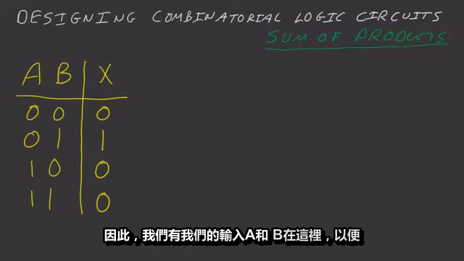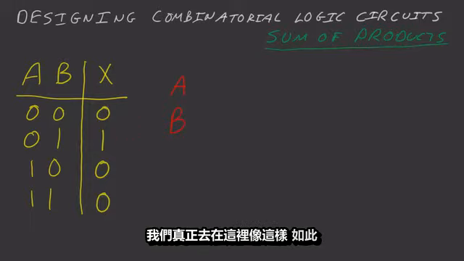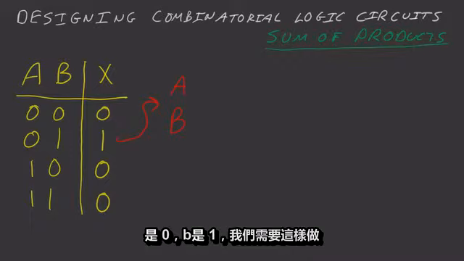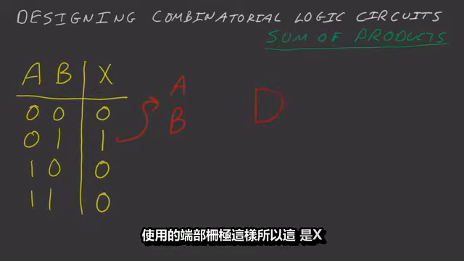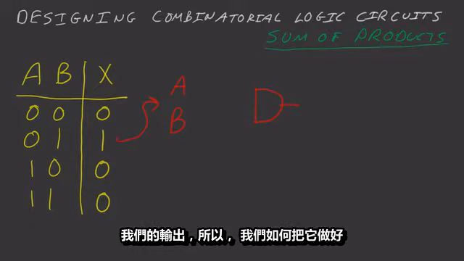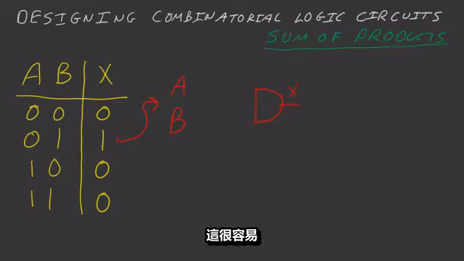So let's do that. We've got our inputs A and B here, so this particular line here, A and B inputs. Now we want the output to be a 1 when A is 0 and B is 1, and we need to do this using an AND gate like this. So this is X on our output. How do we do that? Well, it's easy.